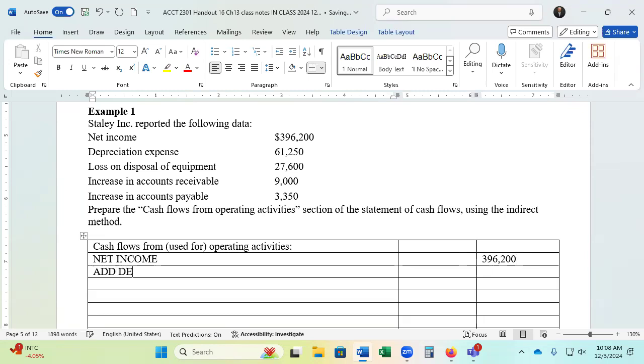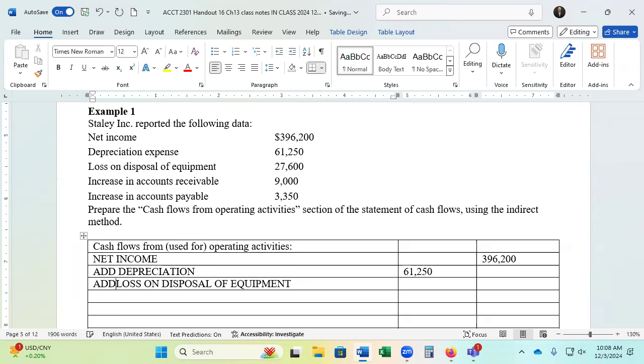So we add depreciation, 61,250. And I'm going to take out the loss on disposal of equipment, and we have to add that back.